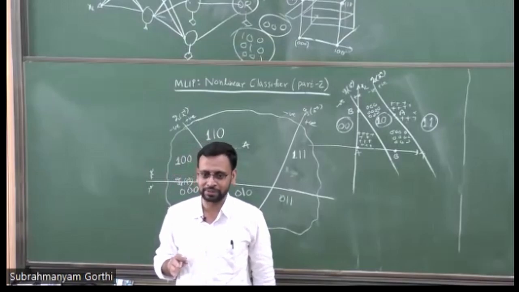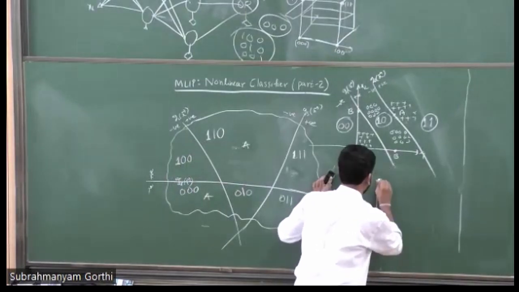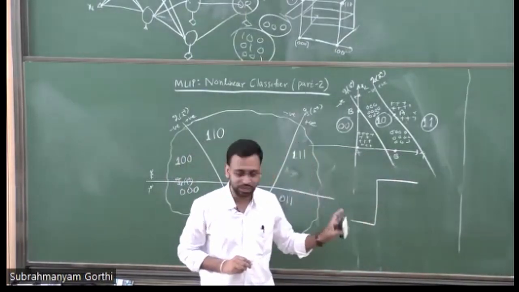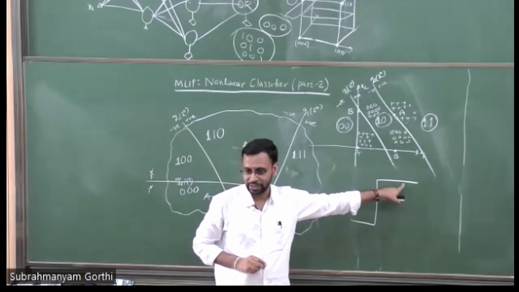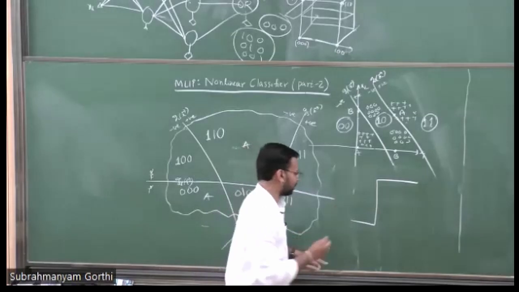So we will smoothen the step function. Okay, don't be so hard. How do you do that? Earlier you have this function. We smooth it out. We don't want these pinching corners.